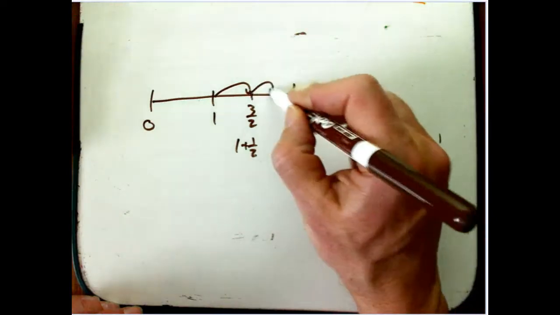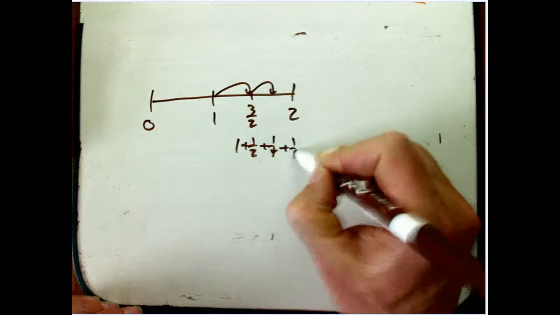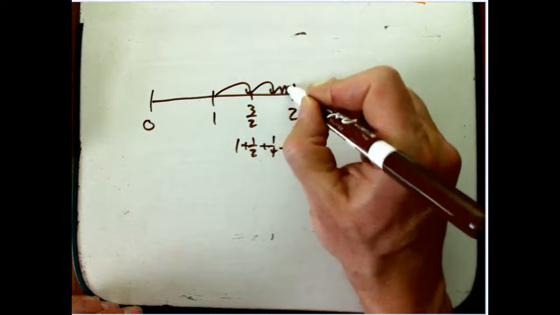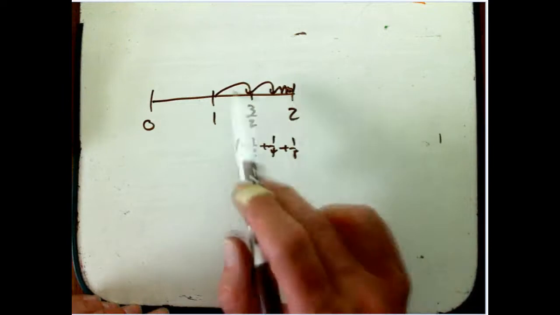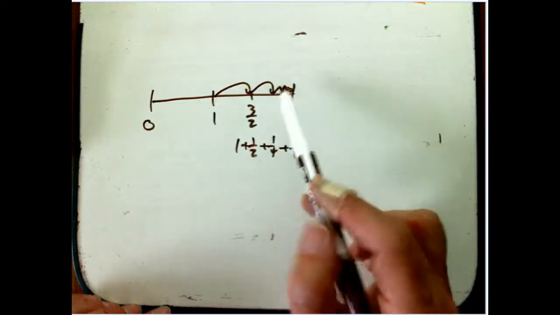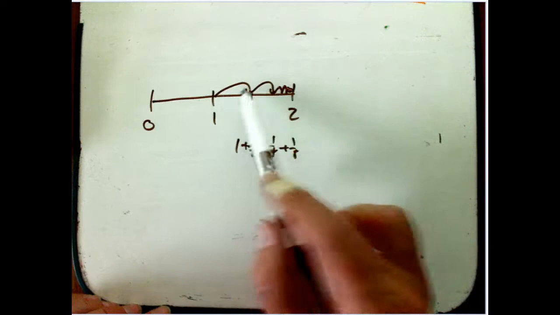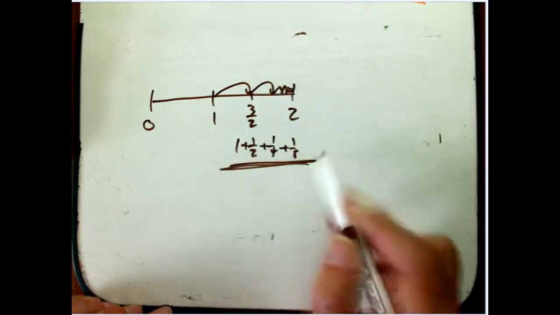Then we go halfway again, because we're adding a quarter, and that's halfway to 2. And then we add an eighth, and that's halfway, and halfway, and halfway again. And so another way to describe what we're doing is we're always halving the distance to 2. That hopefully makes it clear that you can describe it as a process whose goal is 2, even though it never gets there at any finite stage.